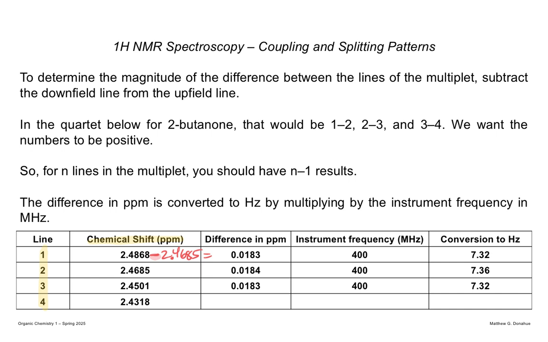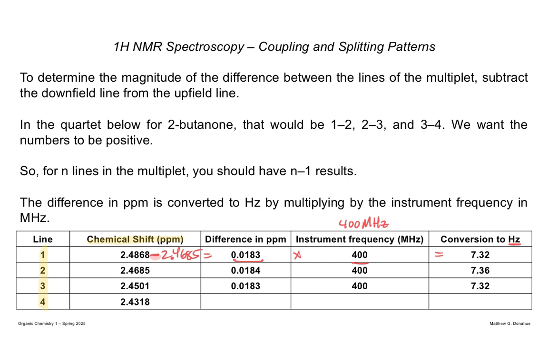Notice that the unit is parts per million, so we have to multiply that by the instrument operating frequency. In this case, it was 400 megahertz. So this number times 400 converts the unit to hertz, and we end up with 7.32. Then you can do that for the remaining cases.